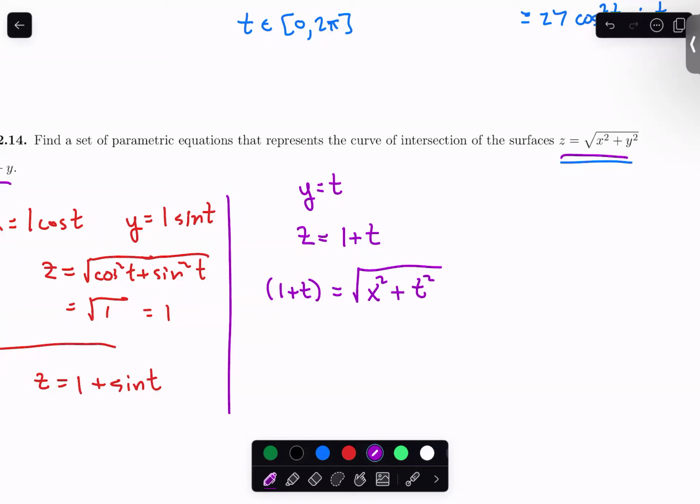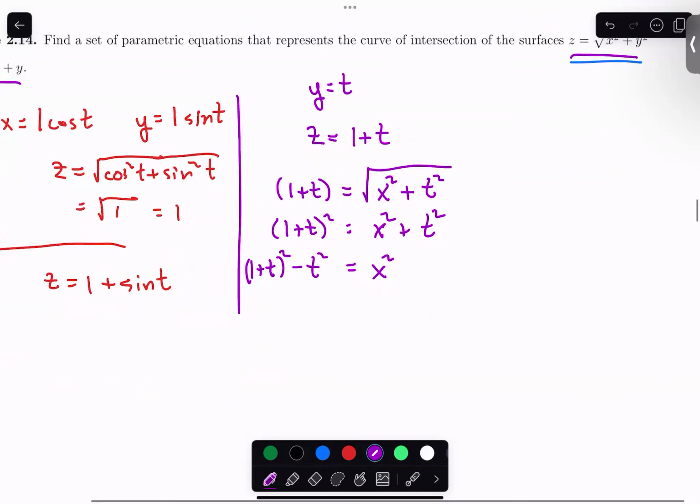Now, trying to solve for x, I can square both sides and rearrange. So, 1 plus t quantity squared minus t squared, and then I would need to take a square root.